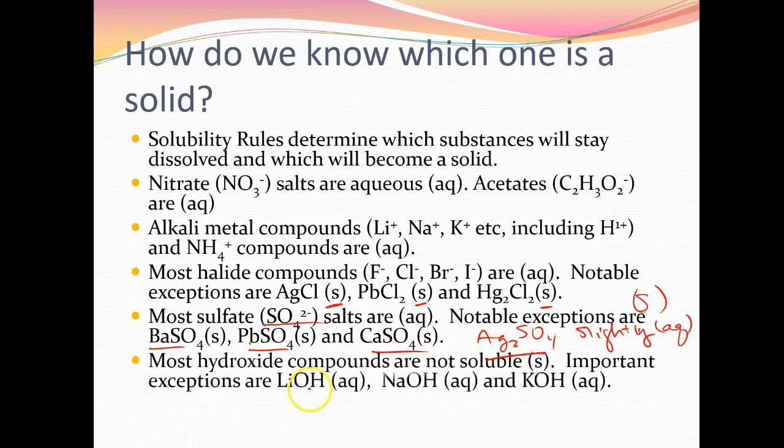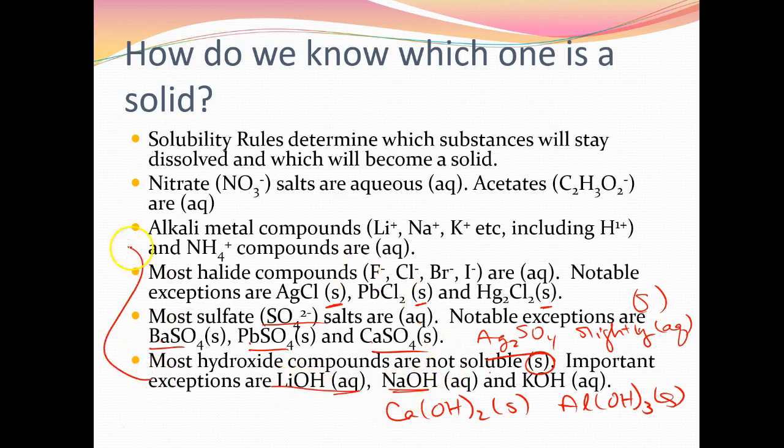And then most hydroxides are not soluble, meaning they are solids. So Ca(OH)2 is a solid, or Al(OH)3 is a solid. The ones that are not solids, the ones that are aqueous, are the ones that fall under our first rule of alkali metals.